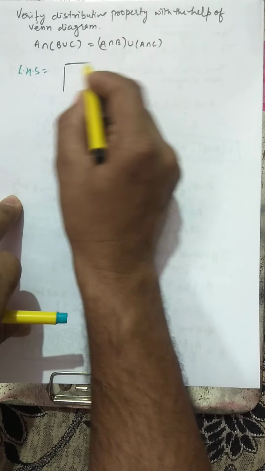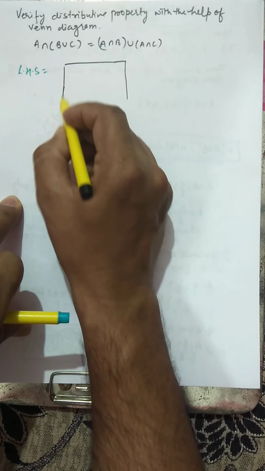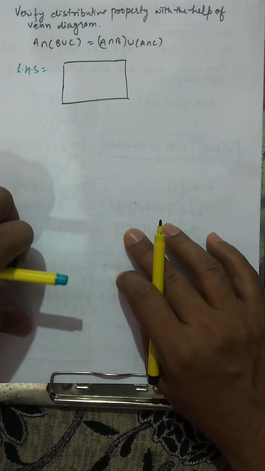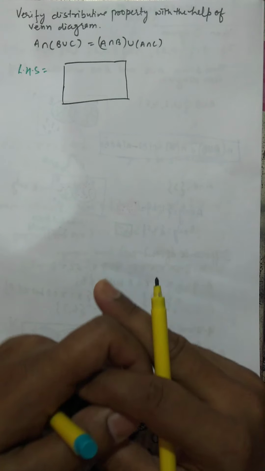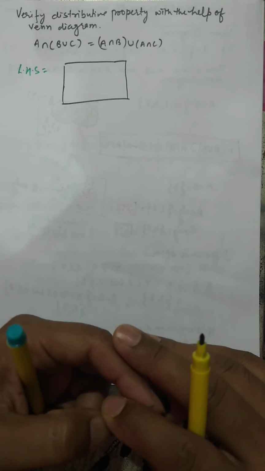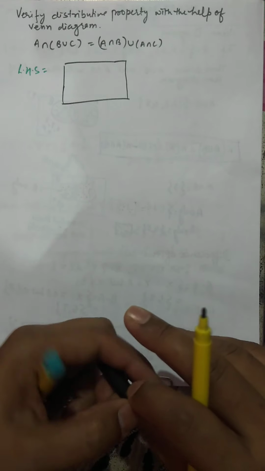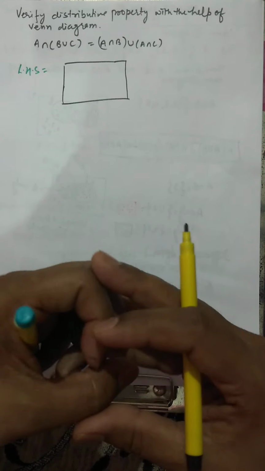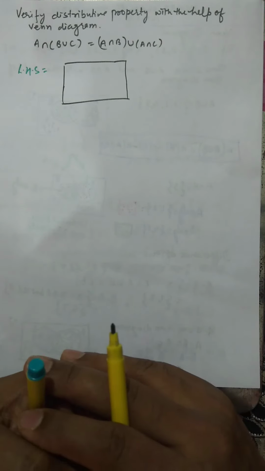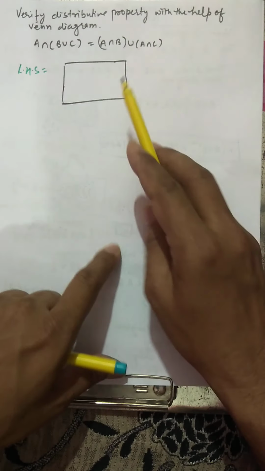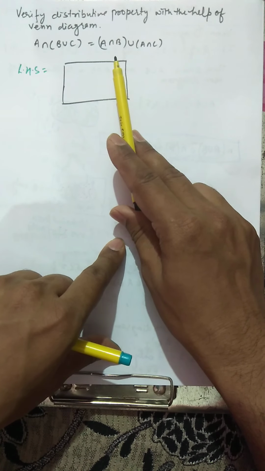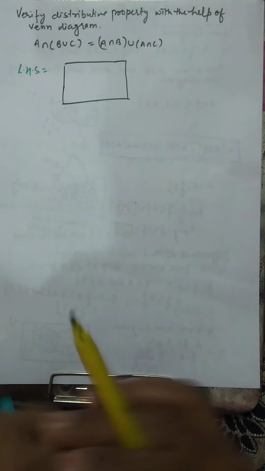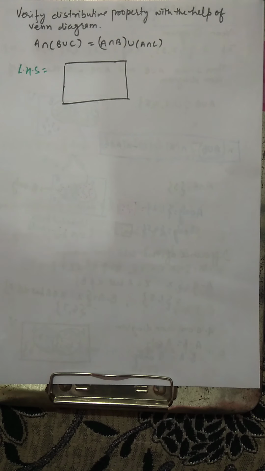Remember one thing, that in all these examples I'm assuming that A, B, C are joint sets, meaning there are some common elements in the intersections. A intersection B has some common elements, A intersection C has some more common elements, and all the cases we cannot discuss now.